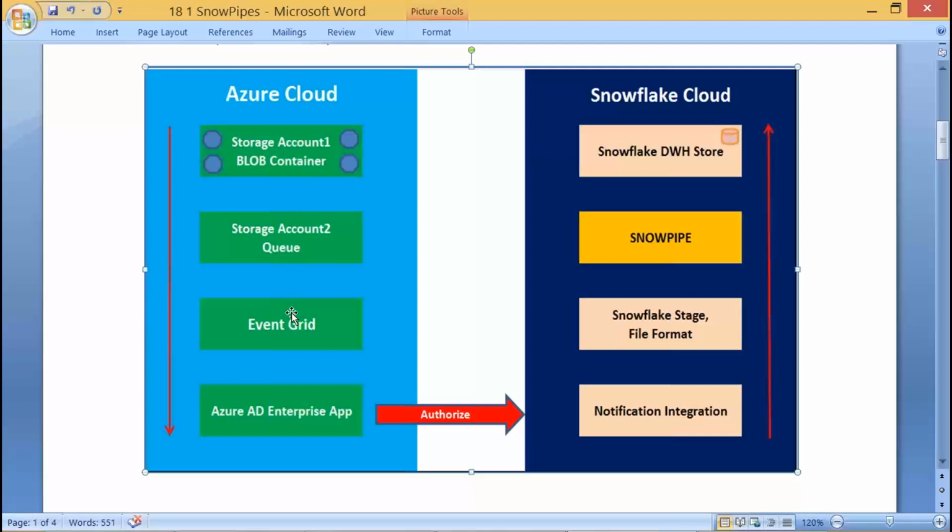Event grid is used to trigger the copy command. For trusted authentication, we have something called notification integration in Snowflake cloud. And we have the Snowflake stage with file formats. With these Snowflake stage and file formats, we are going to have the copy command in SnowPipe and store it in the actual Snowflake database inside the warehouse.